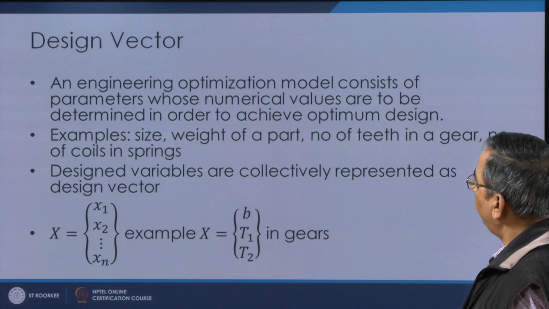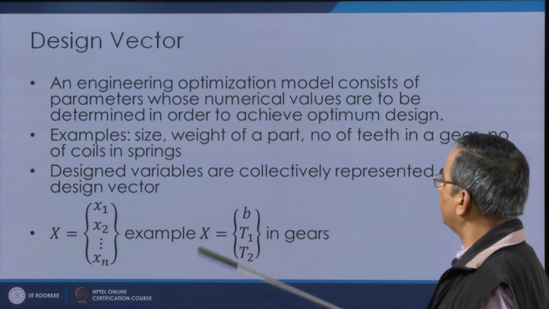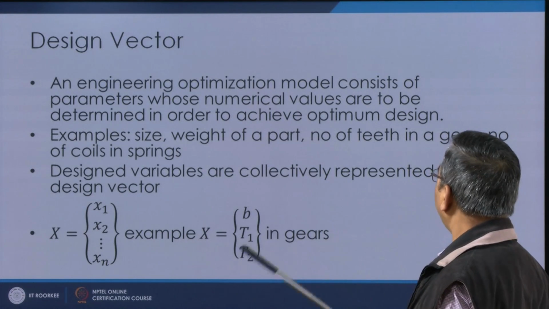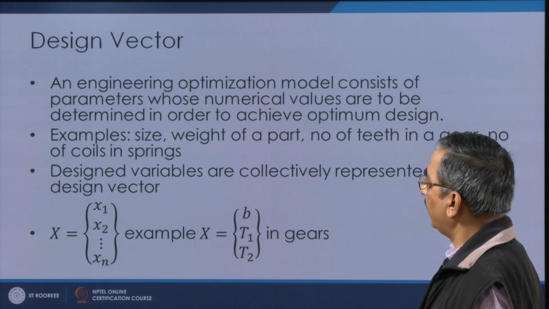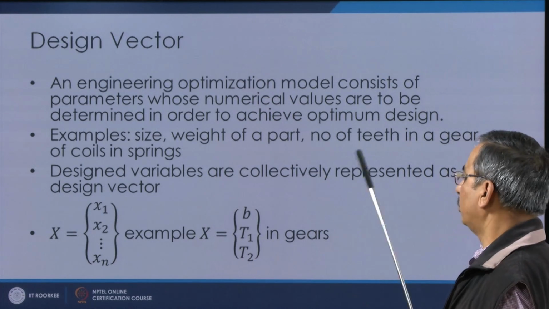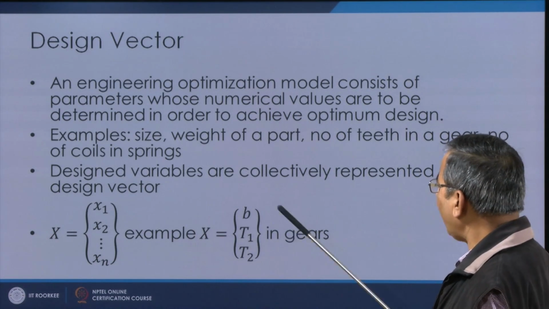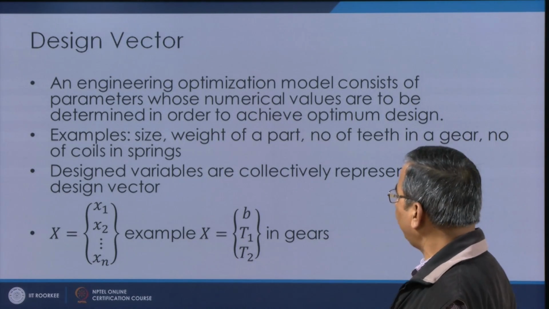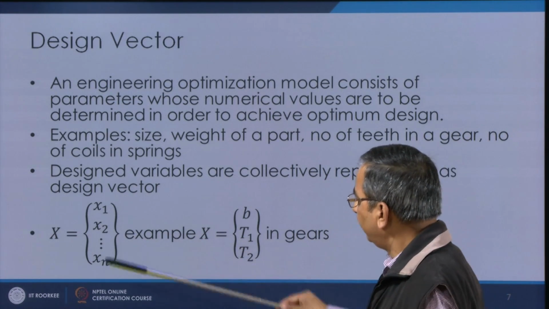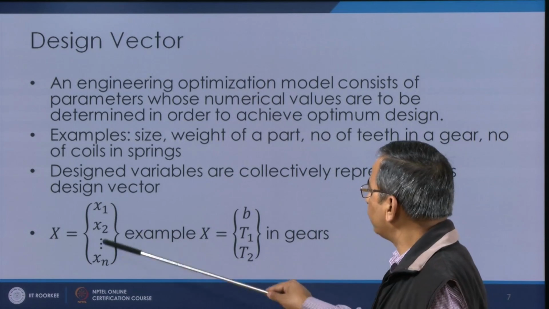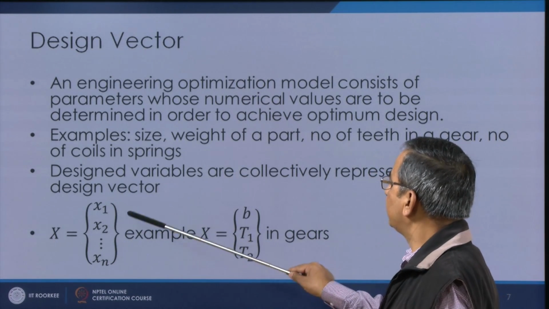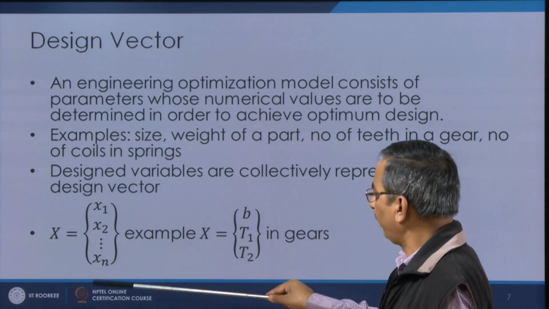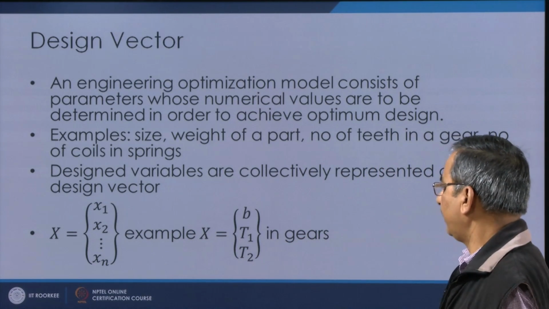These parameters could be, say, size, weight of the part, number of teeth in a gear, number of coils in a spring, and so on. When I write these design variables collectively in a vector form, it is called the design vector.